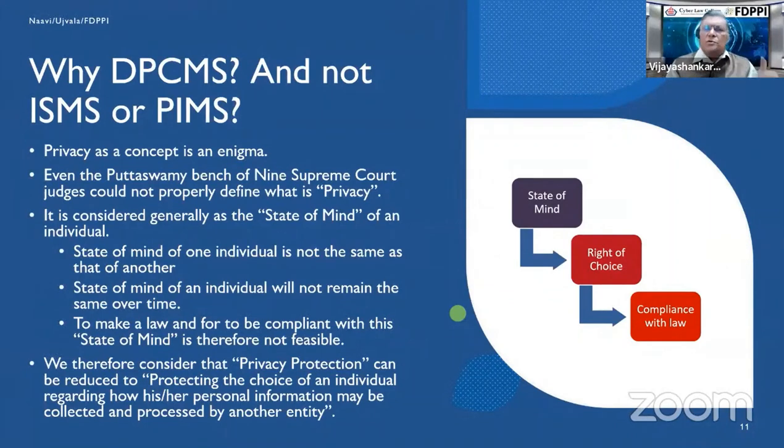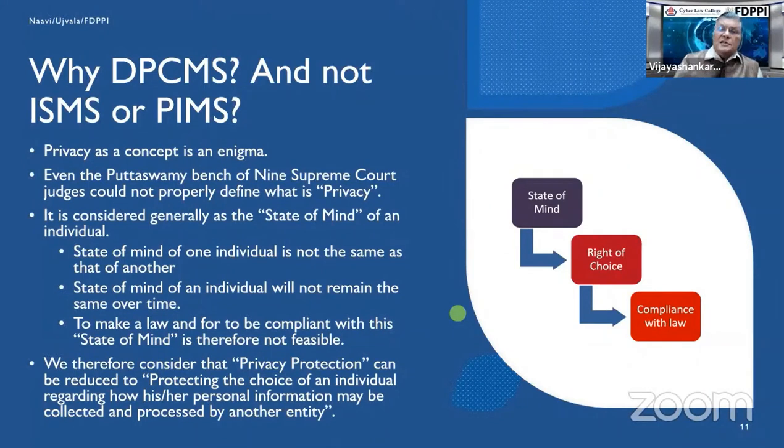Say ISMS is supposed to secure all data, personal data, non-personal data. PIMS is an extension of ISMS to add the privacy aspects. But we have chosen to call this DPCMS. The reason is that the objective of DPCMS, or whatever we are today calling privacy, compliance, data privacy, etc., is to protect the privacy.